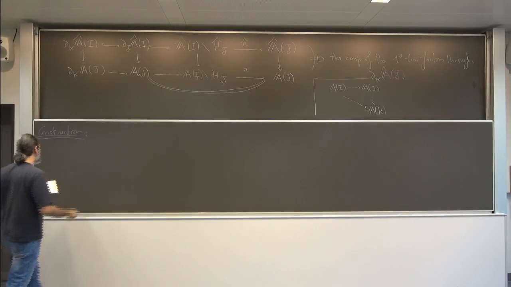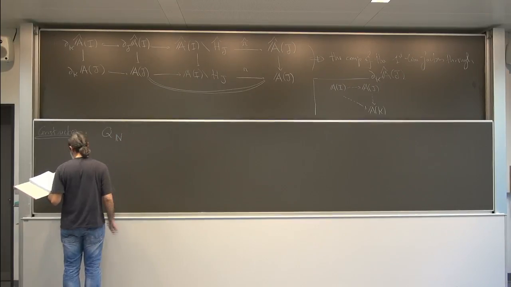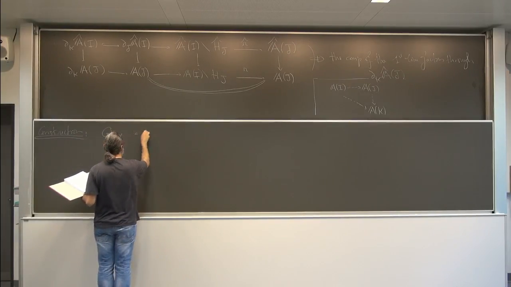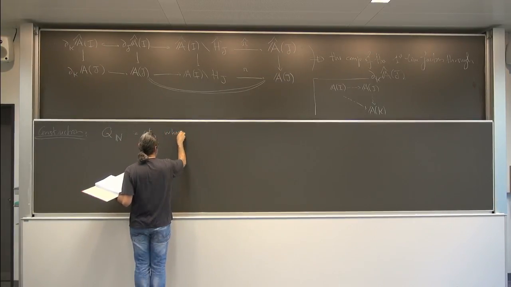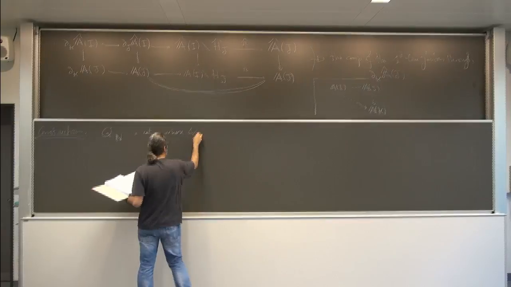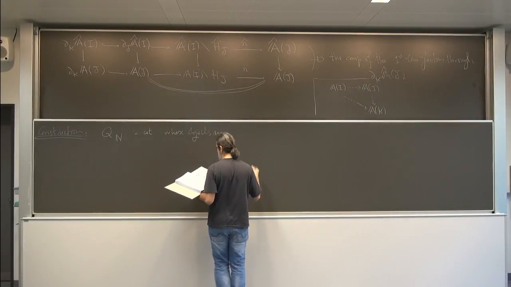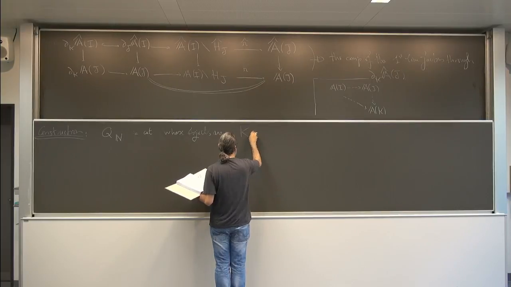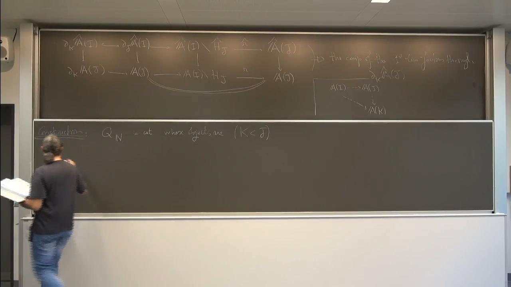Let me denote by Qn the category whose objects are given by inclusions of non-empty finite subsets.